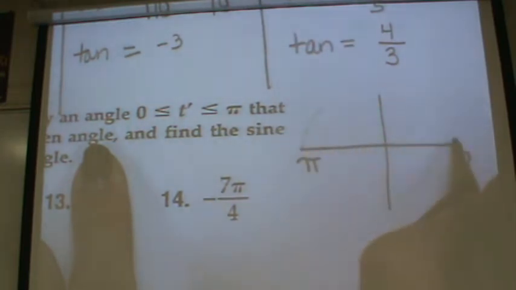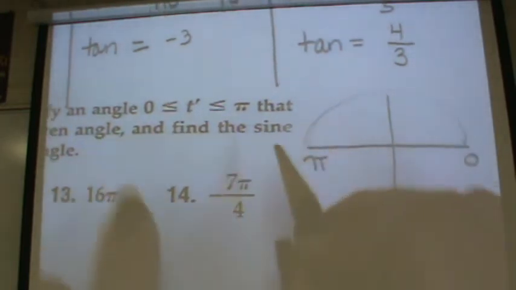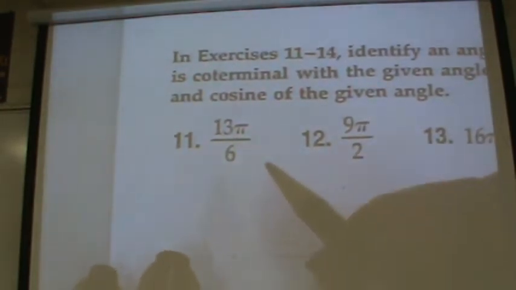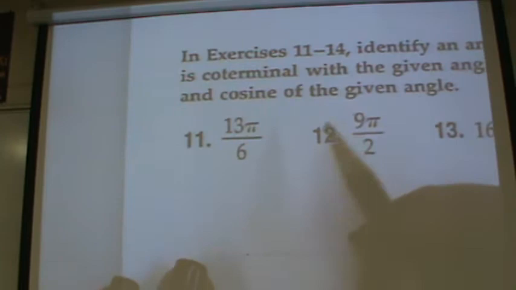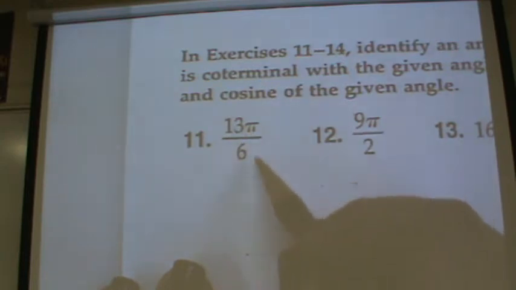So an angle that starts here and ends here. Well, these angles are huge angles. How do I know they're huge? They could be positively huge or negatively huge.